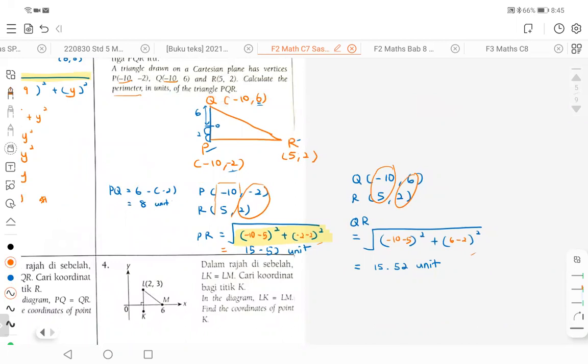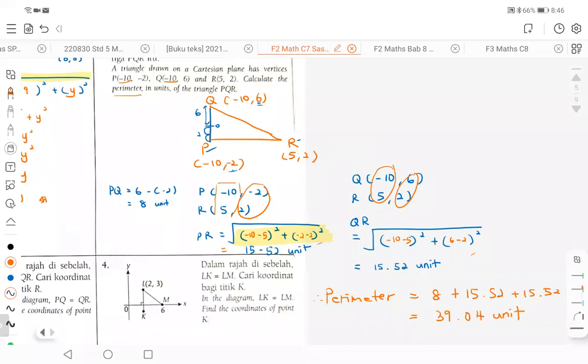Then lastly, only we calculate the perimeter. Perimeter equal to 8 plus 15.52 plus 15.52. So you get 39.04 units.